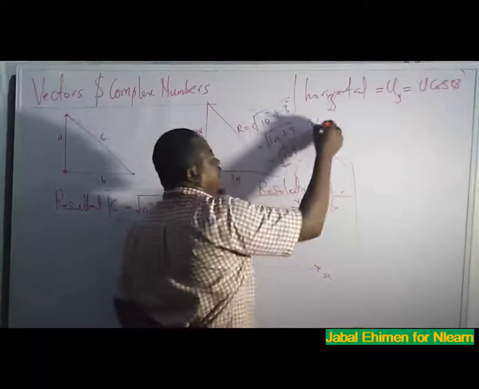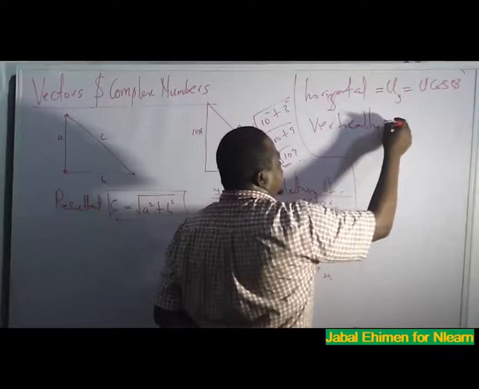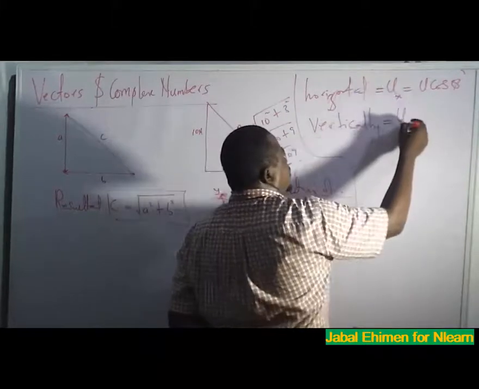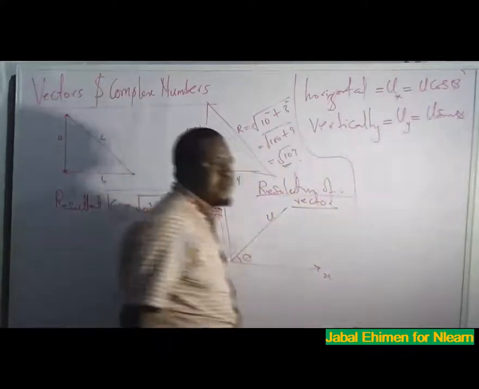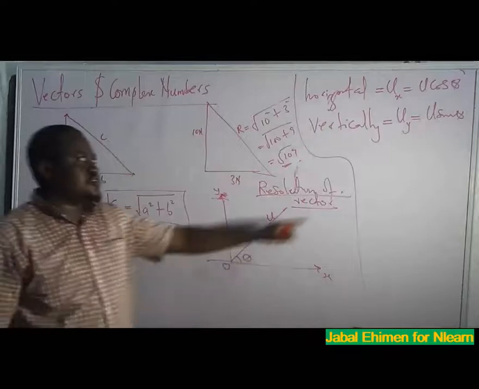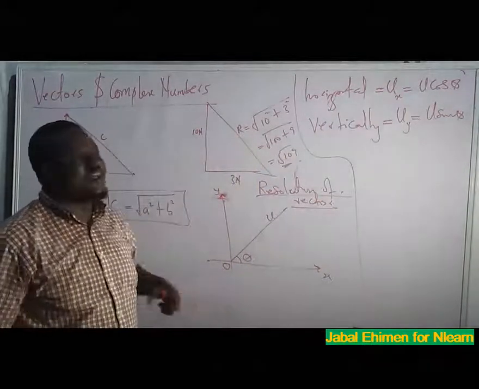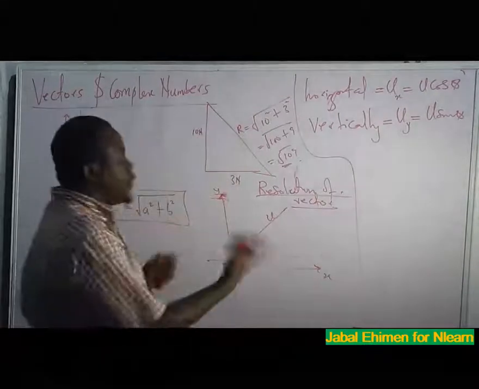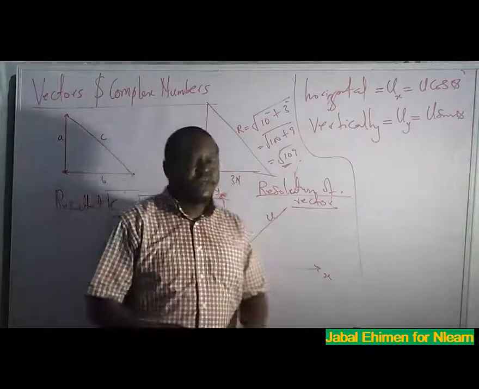But vertically, uy will become u sine theta. So always remember, wherever the angle is, cos. Where there is no angle, it's sine. So that's what we call resolution. Whenever you are resolving a vector, remember, where the angle is, cos; where there is no angle, sine.